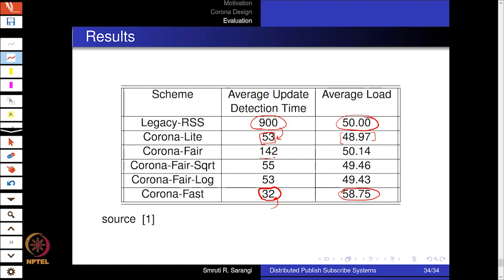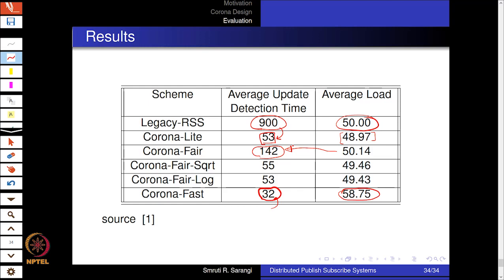Corona Fair is something that also considers the rate of change of the content itself. So even with a moderate load, the average update detection time was very high. The reason being that it gives too much emphasis to the rate of change of content.